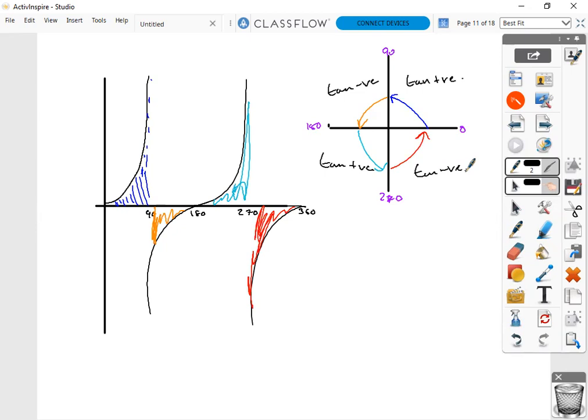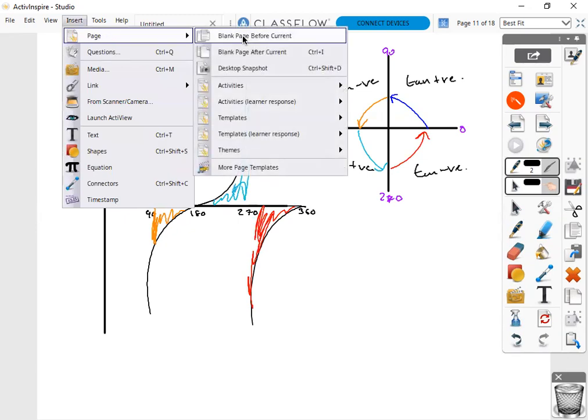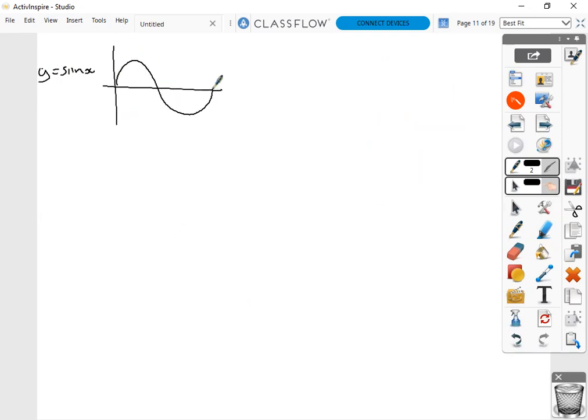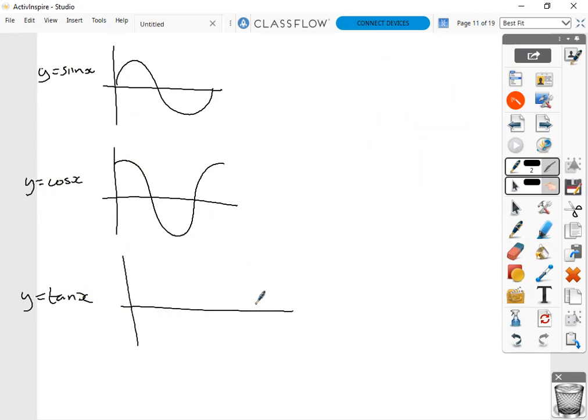Okay, so what the hell does that help with? If we bring all of them together, we've got y equals sine x, y equals cos x, okay, we've got y equals tan x, and we can bring that cast diagram together.